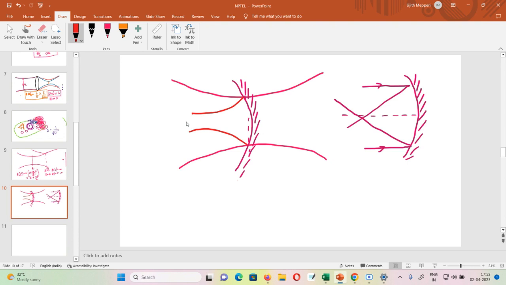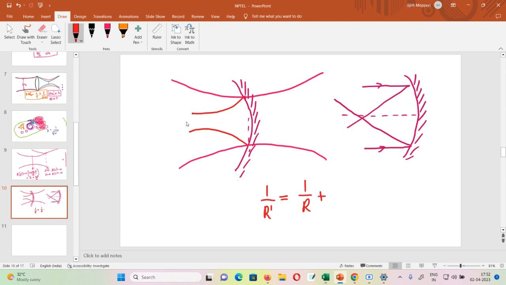Now we have to see what the calculated parameter is. When the Gaussian beam is getting transformed by a mirror, we have the equation: 1 by r prime is equal to 1 by r plus 2 by rm.